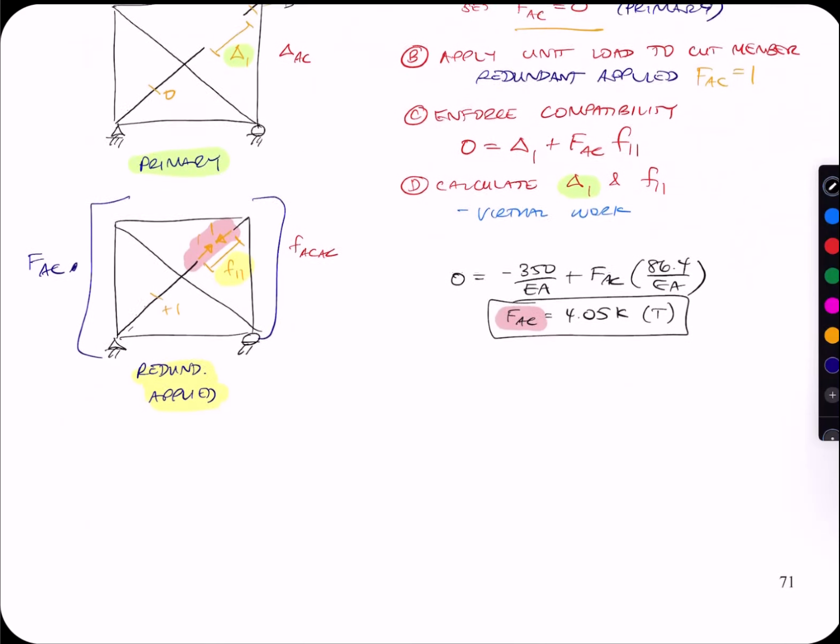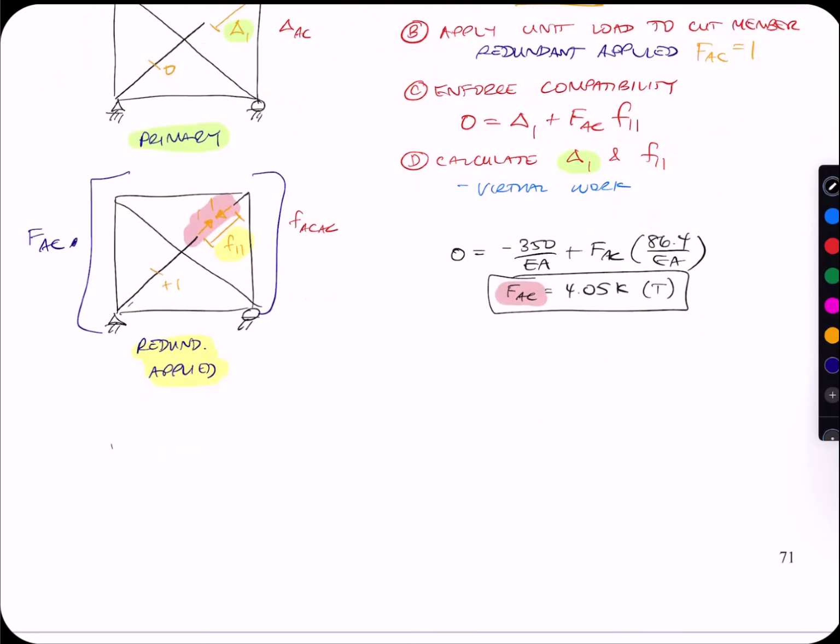Alright, once I have that, I can now go back to my original structure where I don't have it cut. I've got my 5 kips on there. I've got my reactions. And I now have this member.